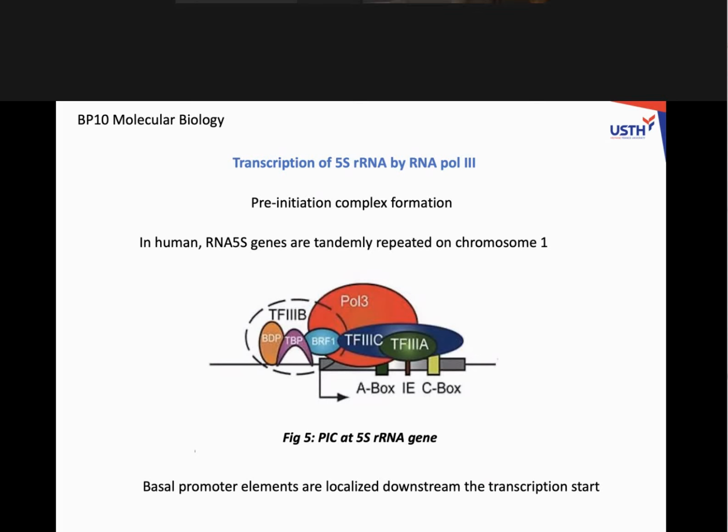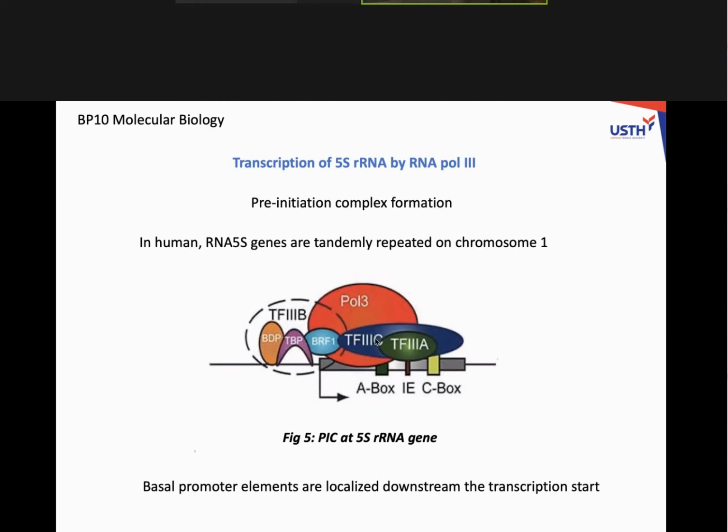Yes, but to be more specific, TF3C and TF3A are downstream, so when the pol connects with them, it's not going to start at the arrow that you drew, or it will start at the arrow point? No, it will start directly.